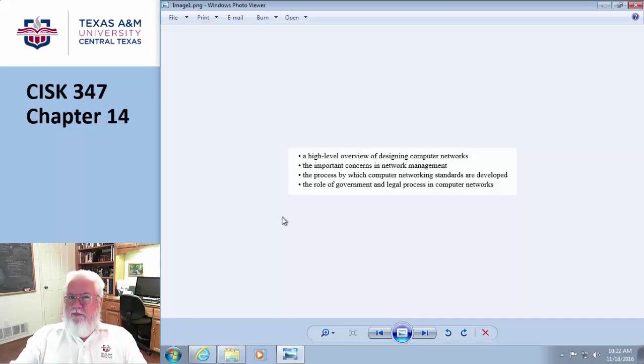Okay. So just to start with, let's talk about design in the big picture. At home, you go out to an electronics supply place and buy a wireless router combo, and it comes with a firewall and DHCP and DNS and a switch and a wireless, and basically you don't have to do hardly anything to design your network at home.